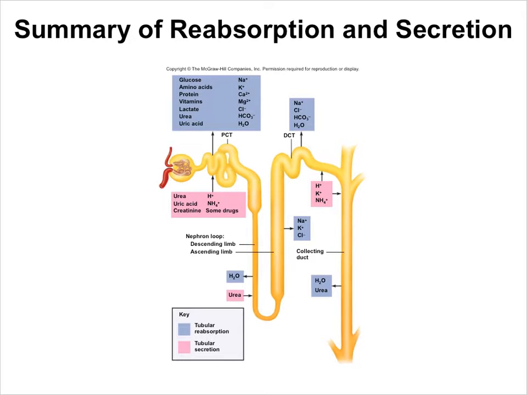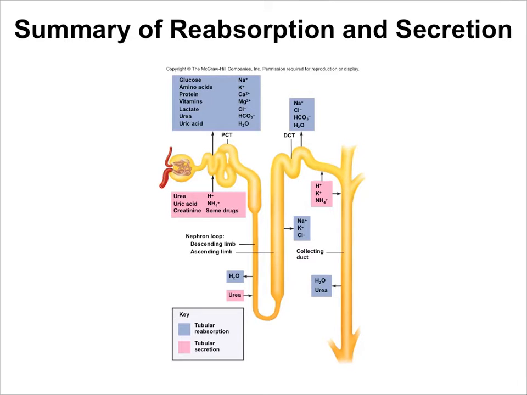You can also reabsorb calcium, magnesium, things like that, depending upon your hormonal state. And you're going to be secreting potassium, acid, and ammonia. In the collecting duct, you're going to be reabsorbing water, maybe, depending upon your hormonal state, and urea.